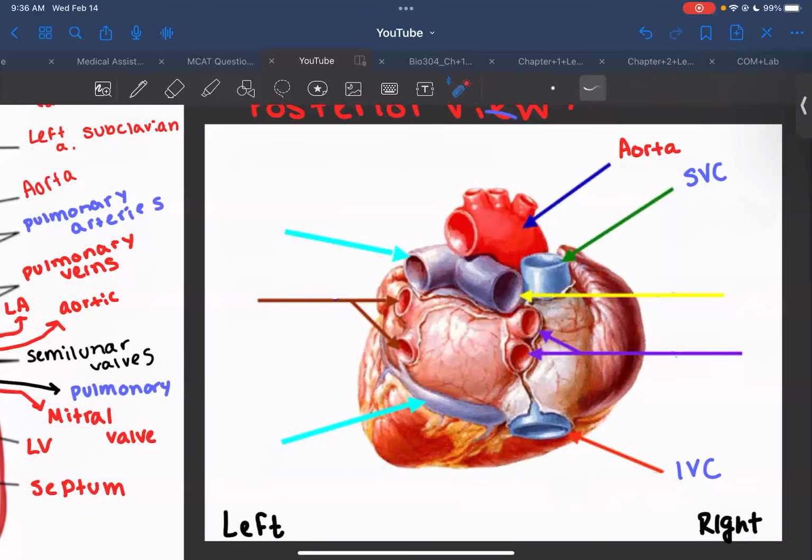This one right here is going to be our right pulmonary artery. And I'm just going to abbreviate. And then this other side is going to be the left pulmonary artery.